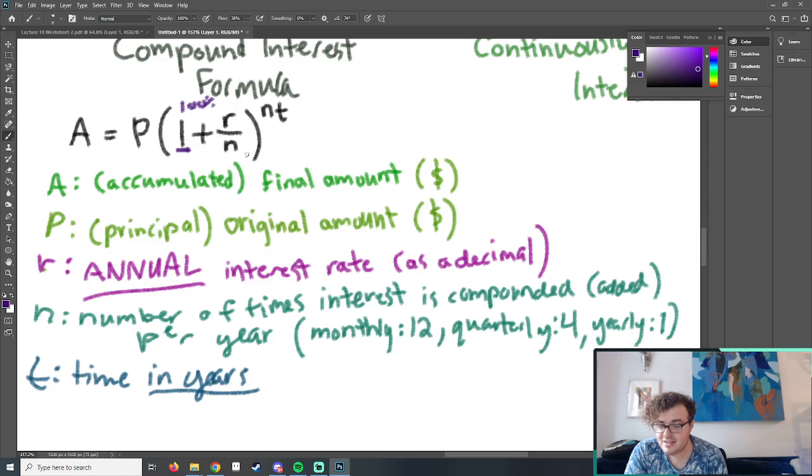If they say that your interest rate R is 10% or 0.1, what they're actually going to do is not give you 10% every quarter. Every quarter, they add a quarter of 10%, or 2.5%, of whatever money you have onto your money.